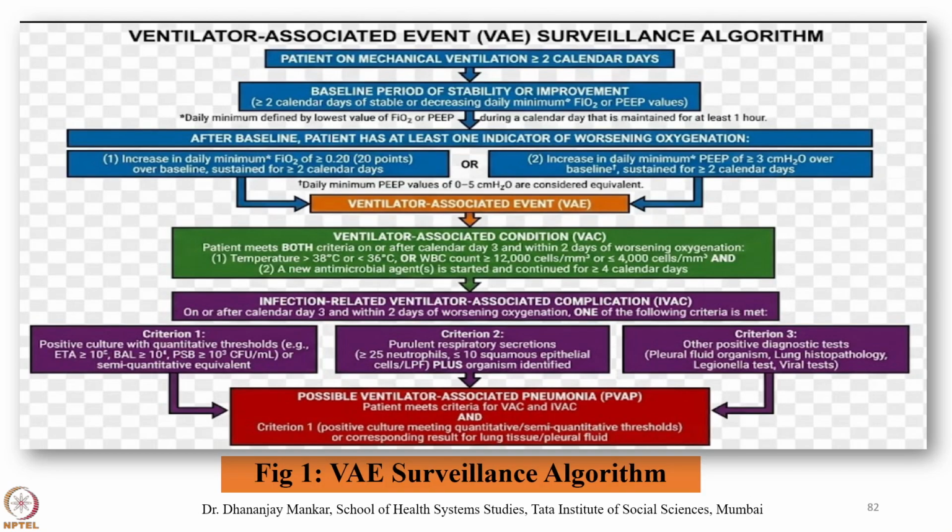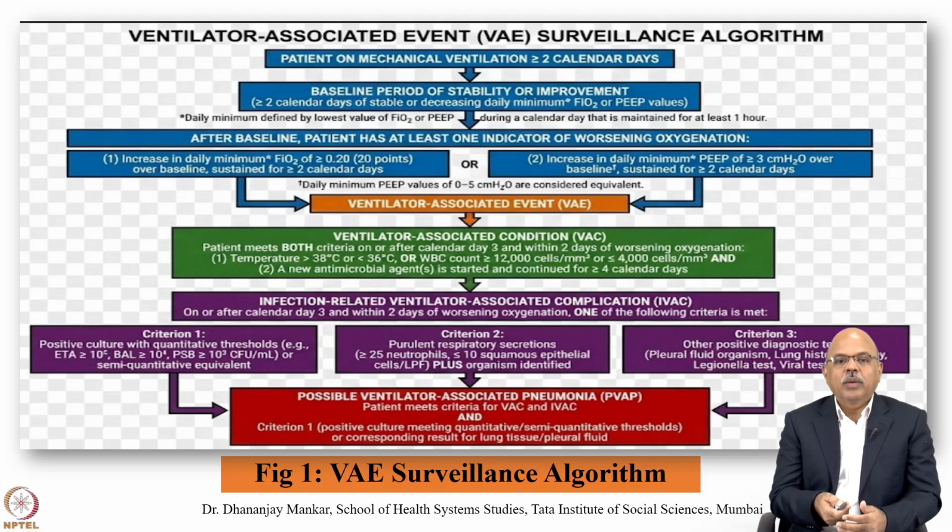So you can see the display of the ventilator-associated events surveillance algorithm. You may find a patient on mechanical ventilation with a baseline period of stability or improvement. After the baseline, the patient has at least one indicator of worsening oxygenation.